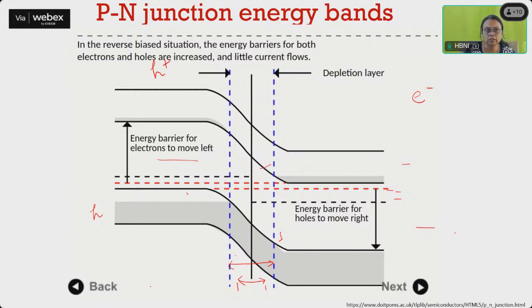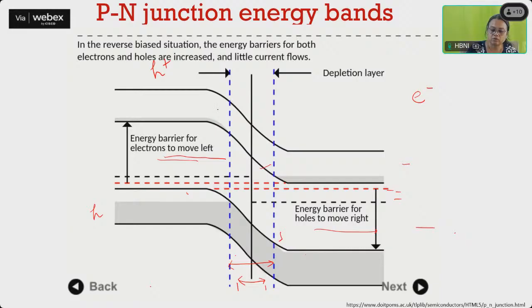So this is called the reverse bias situation. The energy barrier for both electrons and holes has now increased: the energy barrier for the electrons to move to the left and the energy barrier for the holes to move to the right.